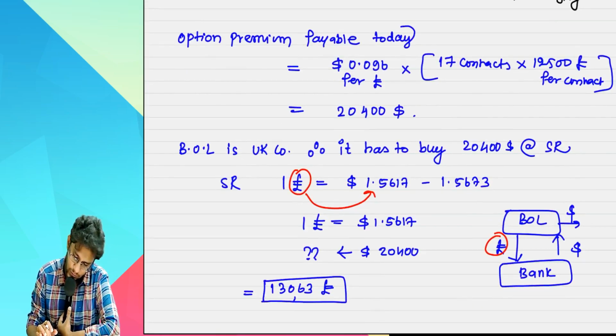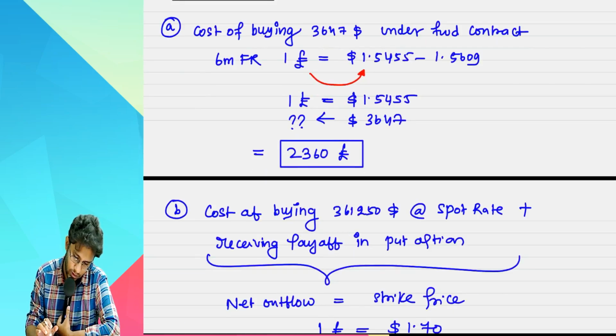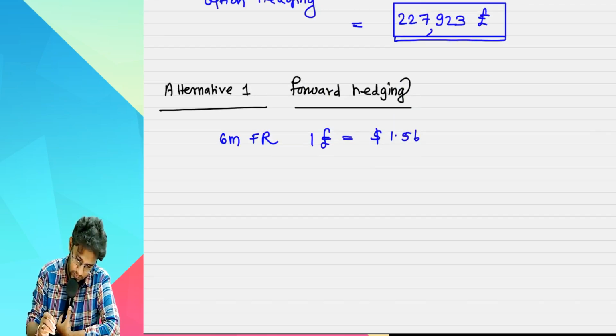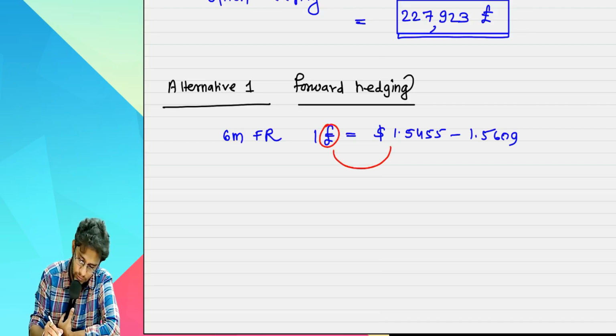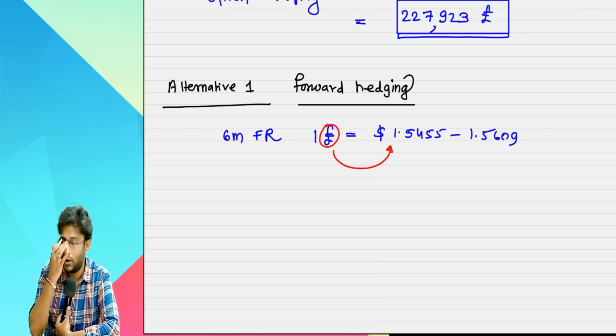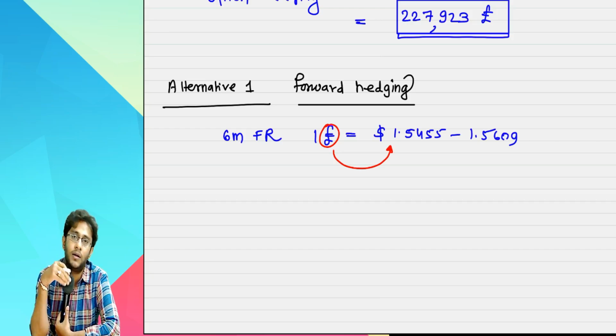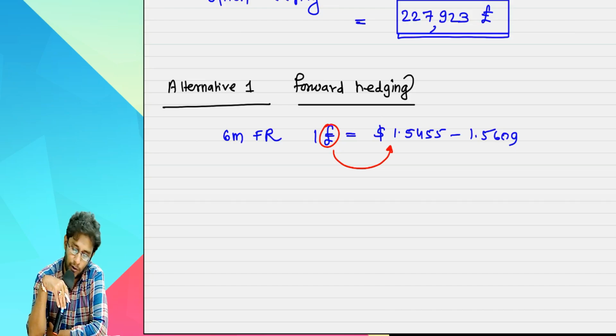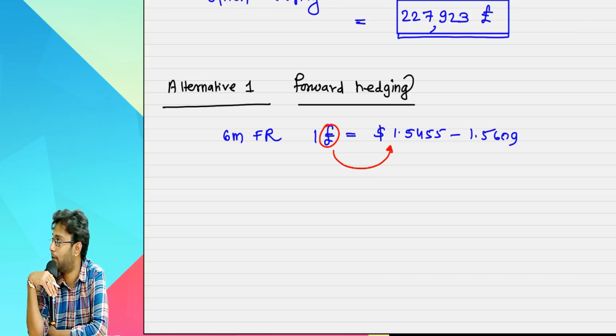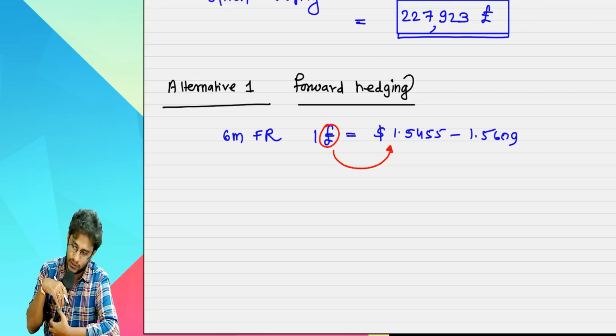The rate 1.5617, no, not that. 1.5455. If you want to draw the diagram, I'm not drawing. Bid rate gets selected. I have to buy dollars, you have to pay dollars, I have to buy dollars and give pounds. Quote is given for pound. I am giving pounds, the bank is buying pounds, so bid rate is selected.